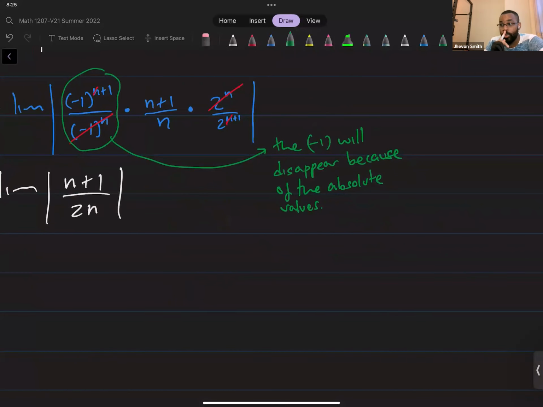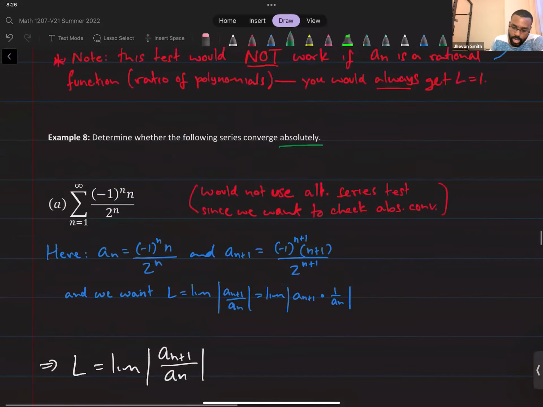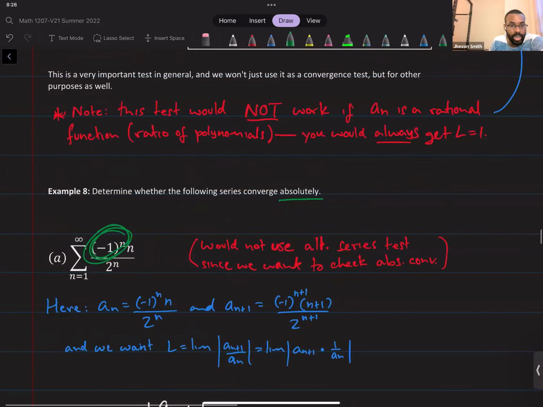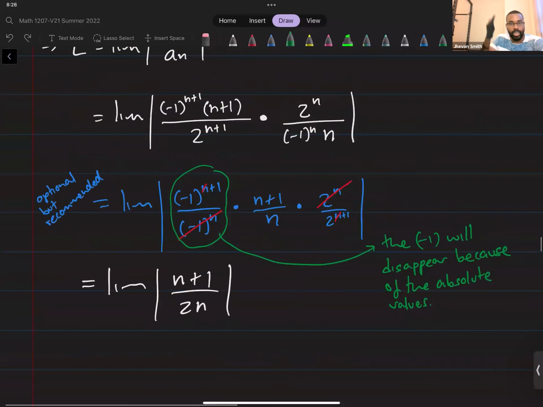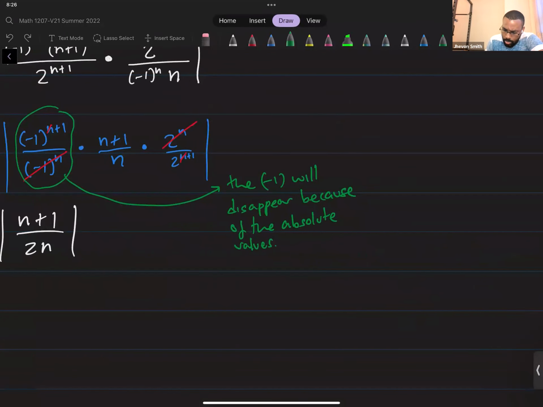So I would go further to say, because of this, you can even ignore this part. If you know you're going to use the ratio test, you can actually ignore anything that alternates a sign, because it's going to cancel out in the ratio test in such a way that you only get a -1 factor left over, right? So the alternating factor could be left out in the beginning.